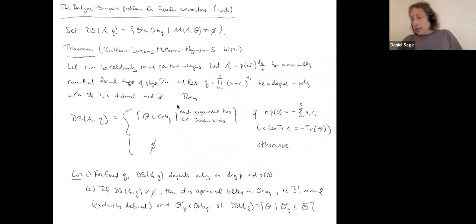So far, let me say some things that are known about this. I stated the Deligne-Simpson problem, but when you have ramified singularities, there's no general solution yet.